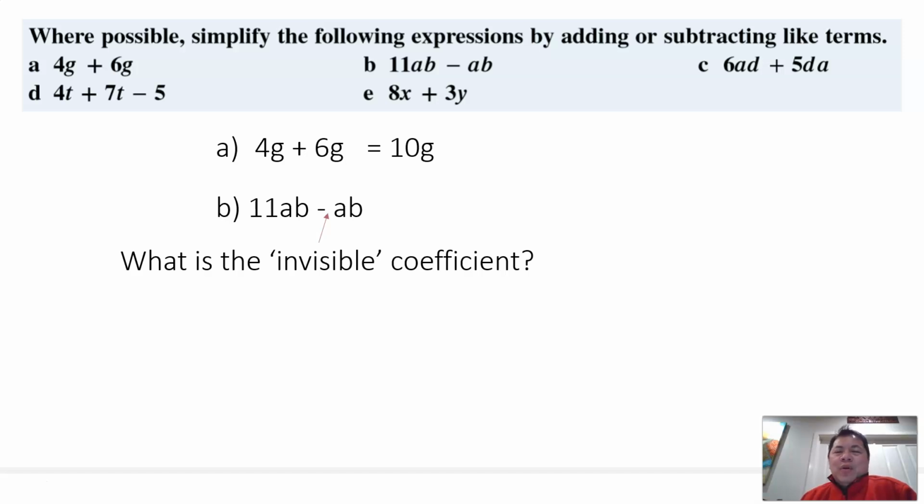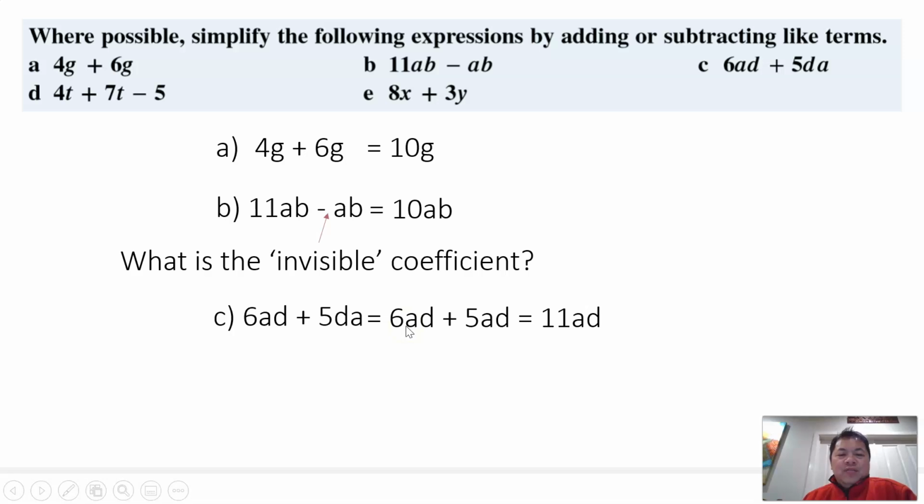That's right. Just like when we write a, we don't write 1a, just a. So 11ab minus 1ab is 10ab. Got that, everyone? Let's move on. C. 6ad plus 5da. ad, da, they are the same. So reconfigure it. You get 6ad plus 5ad equals 11ad.